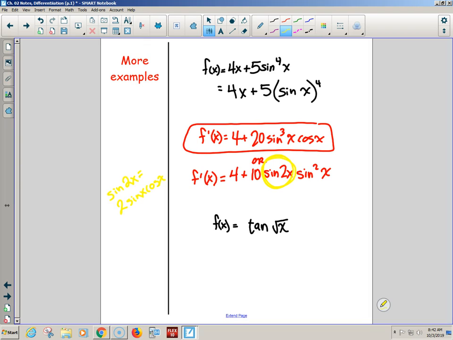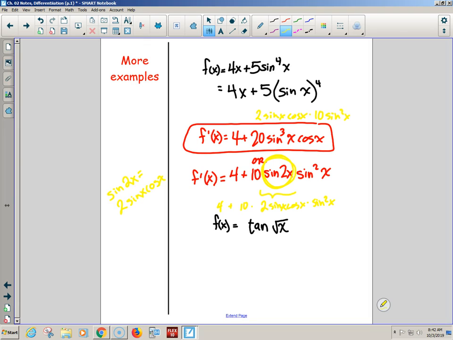But check it. You're going to have to work backwards, but what if that's 2 sine x cosine x? Isn't it the same thing? 20 sine cubed cosine. Oh boy.